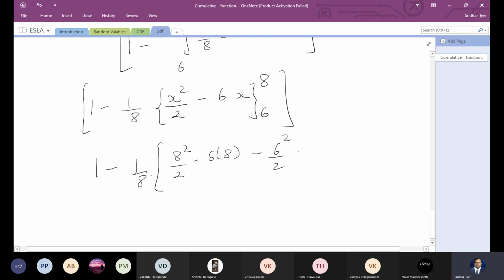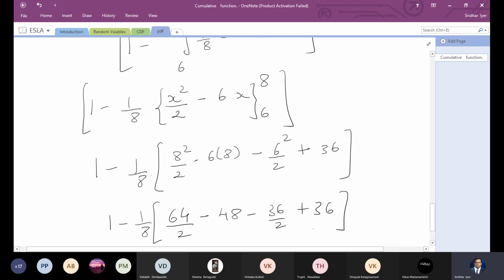Minus of minus will become plus 6 square, plus 36. Okay. So you'll get 1 minus 1 by 8, 64 by 2 minus 48 minus 36 by 2 plus 36.